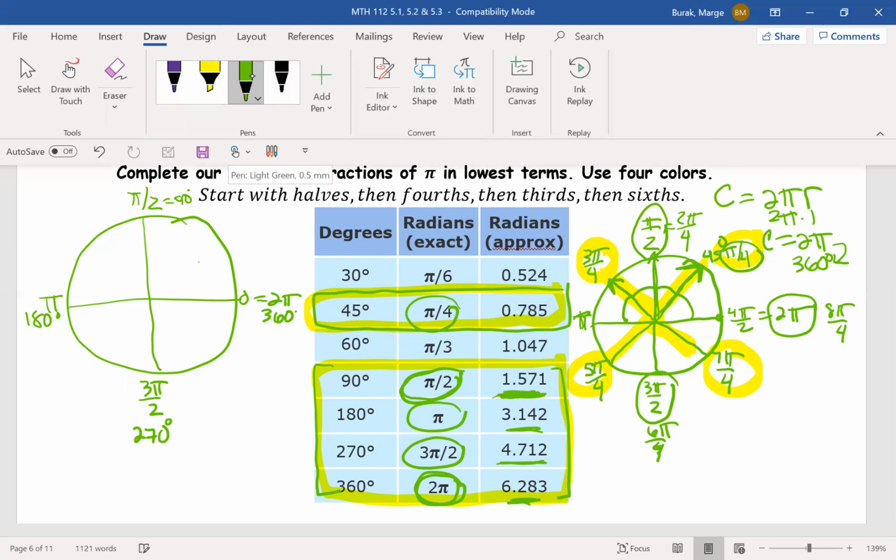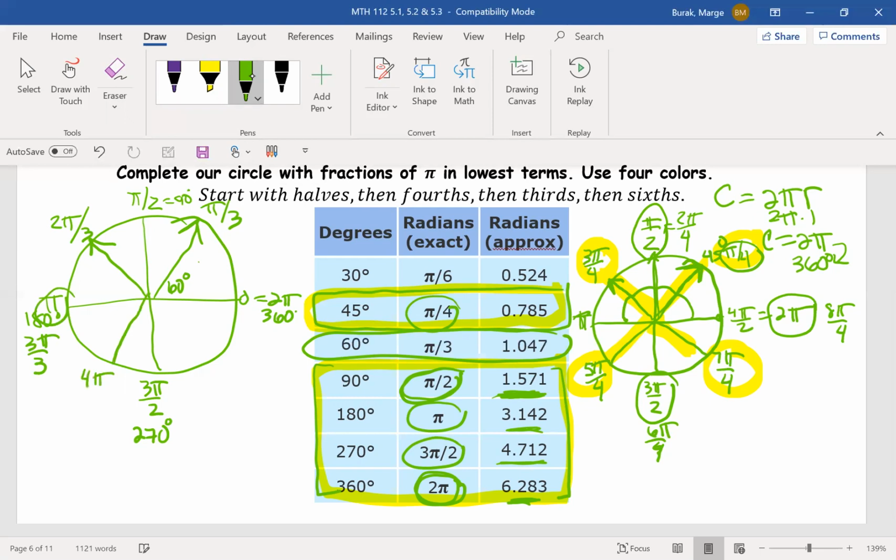So if we take a whole pi and we cut it into 3, we're going to have 1/3, 2/3, and 3/3. So 1/3 is going to be pi over 3, and that's actually at 60 degrees right here. 2/3 would be 2 pi over 3. 3/3 is 3 pi over 3, but that's the same as pi, so we don't really care about that. 4/3 is 4 pi over 3. 5/3 is 5 pi over 3.